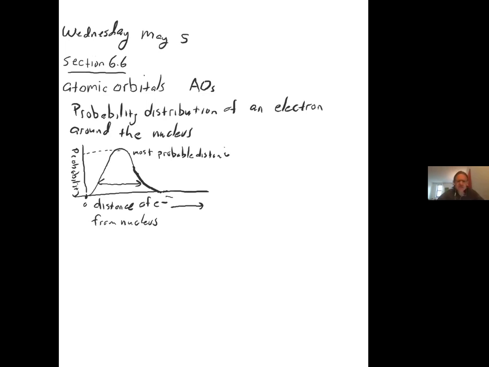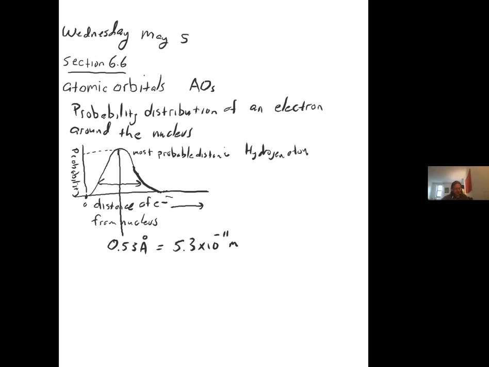It turns out if you measure and do calculations for the hydrogen atom, this most probable distance is about 0.53 angstroms. And I mentioned the angstrom yesterday. This would be 5.3 times 10 to the minus 11 meters.